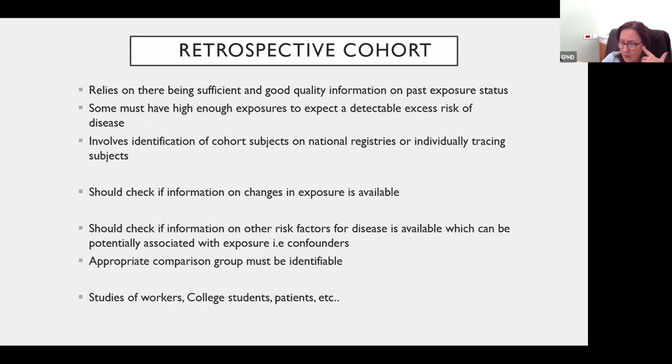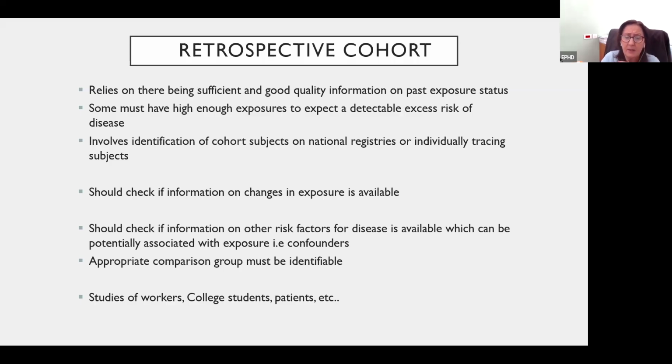One is that when you identify your retrospective cohort, you have to have enough information on the exposure at baseline. It's not like, yes, let's say you identified all the factories that manufacture detergent. So you have to go back to the record.